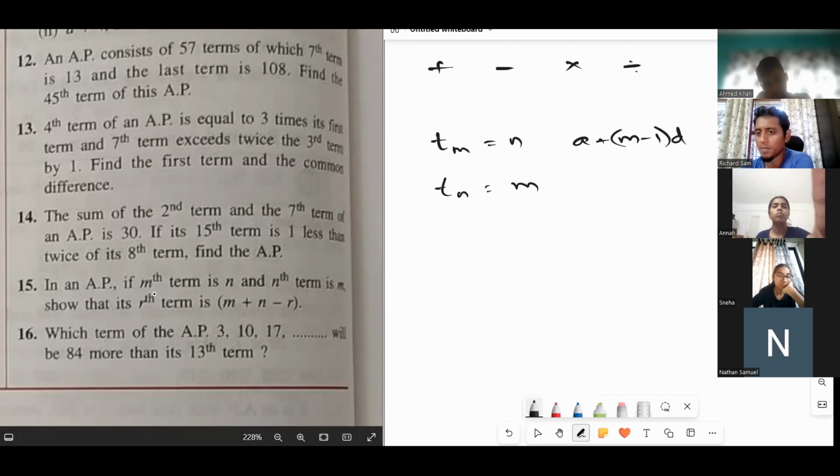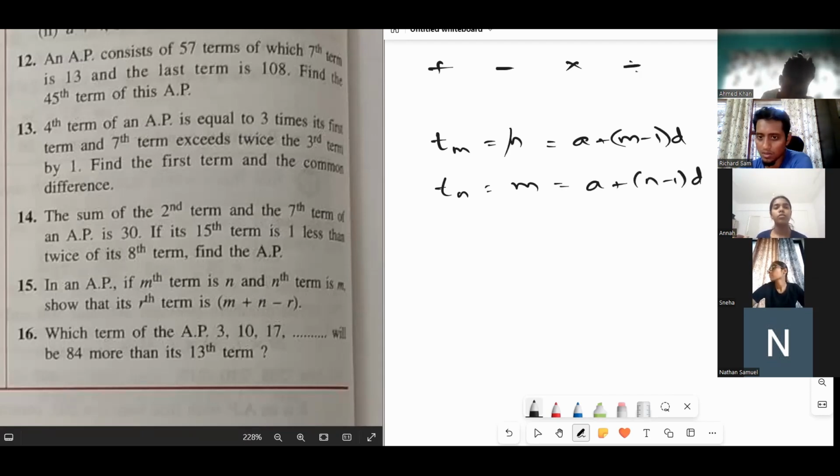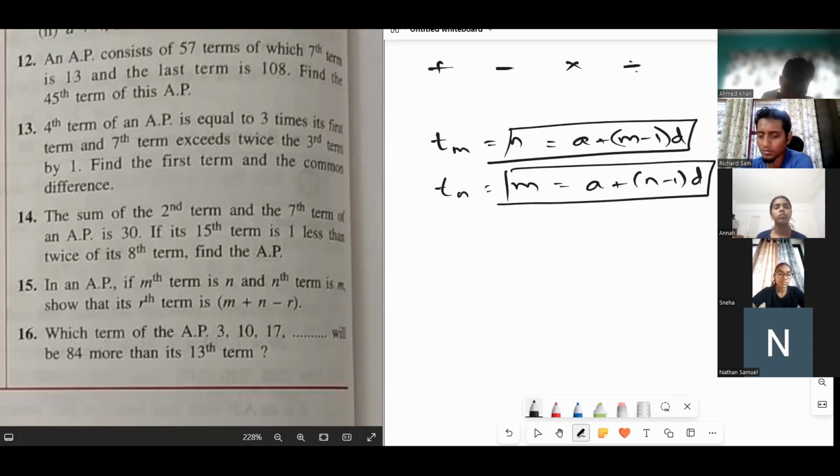This is a formula, right? Tn is equal to a plus n minus 1 into d. So if I put m over there, this is what I'm getting. Same way for this also, I'll get a plus n minus 1 into d. So we have these two equations: n is a plus m minus 1 into d and m is a plus n minus 1 into d.